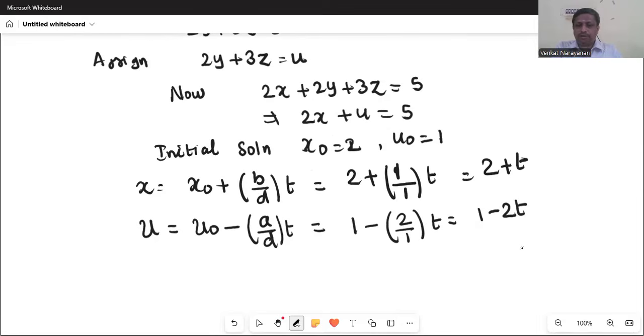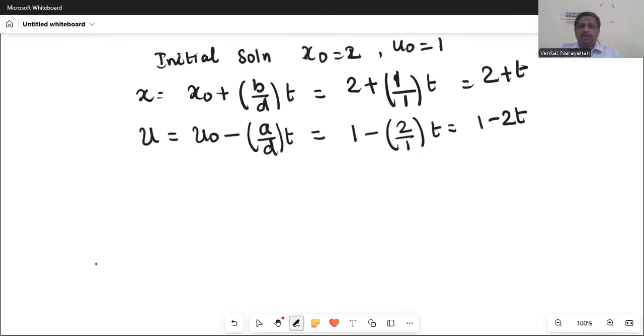Therefore, we get the solution x is equal to 2 plus t and u equal to 1 minus 2t. This is the solution for the problem for x and u.